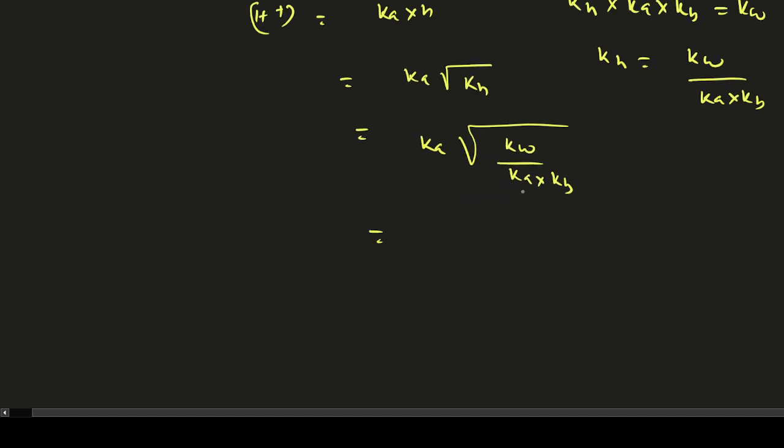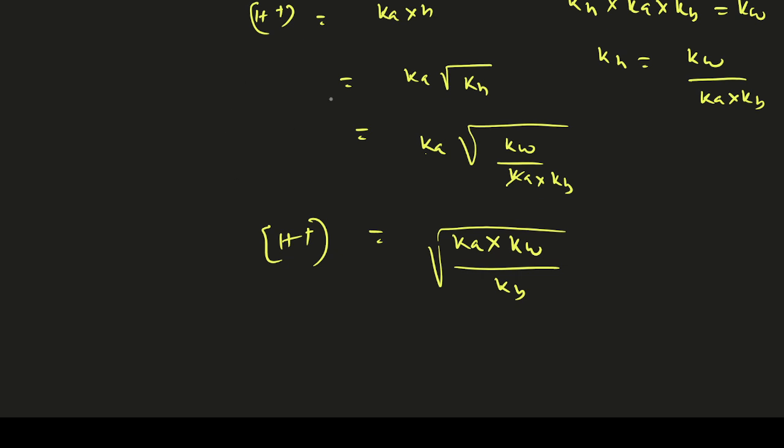If you notice, this will cancel off, giving root over of Ka into Kw by Kb. This is the H plus concentration if you have both weak electrolytes.